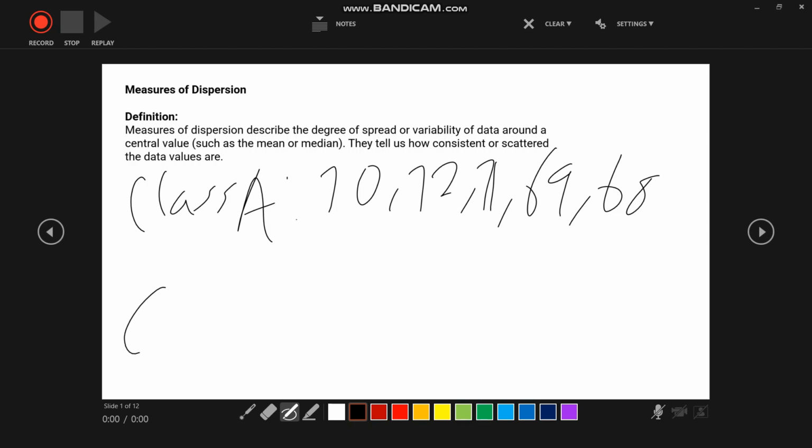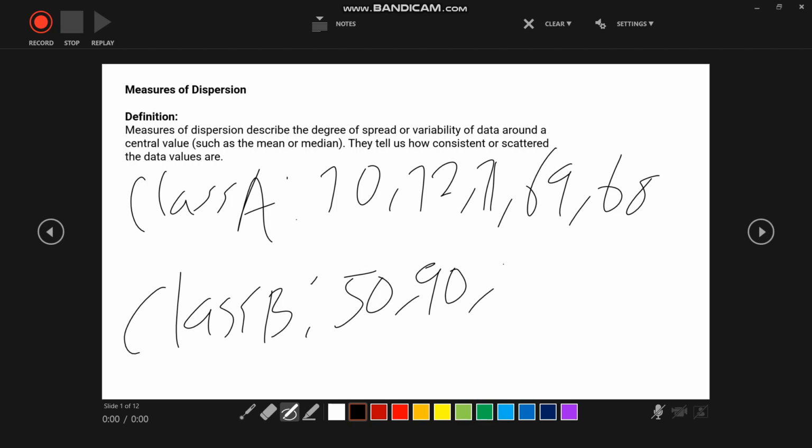And let's say class B, this is their own score: 50, 90, 30, 100 and 80. Now this is the score of students in each class. For students in class A, this is their score. For students in class B, this is their own score.